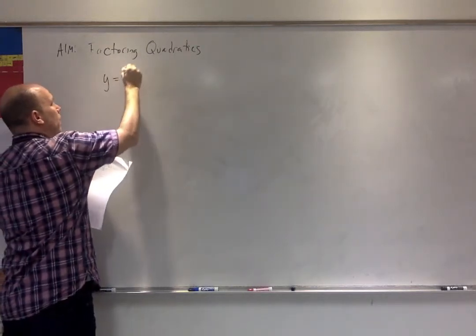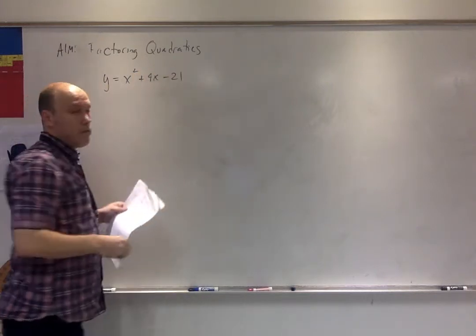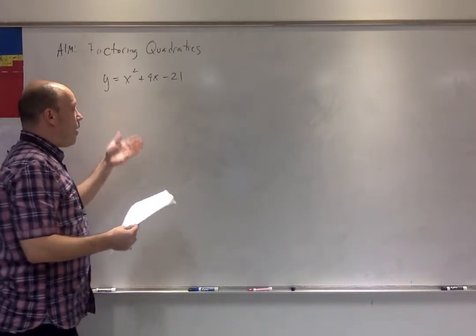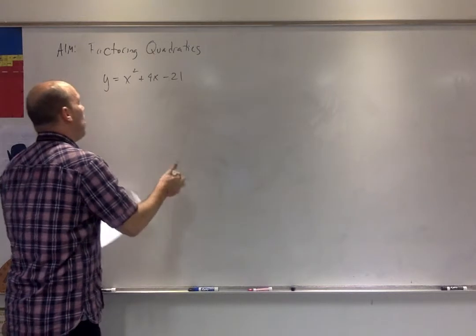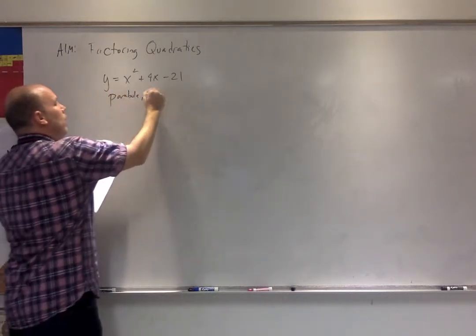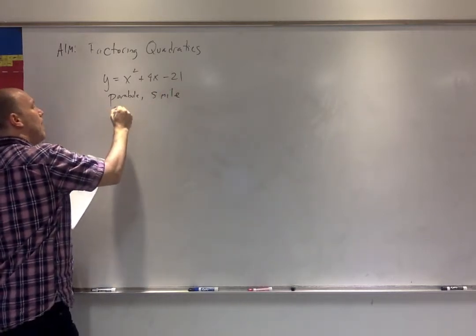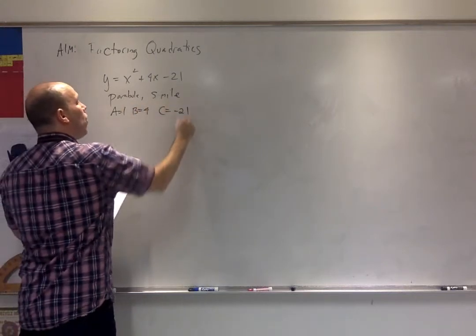Y equals x squared plus 4x minus 21. We're going to come back to this at the end, but we can sketch this parabola. We know that it's a parabola, a smile, and that a is 1, b is 4, and c is negative 21.